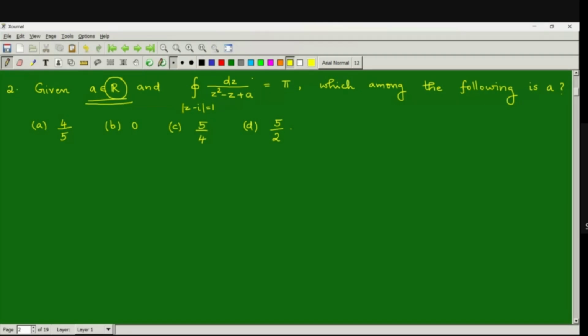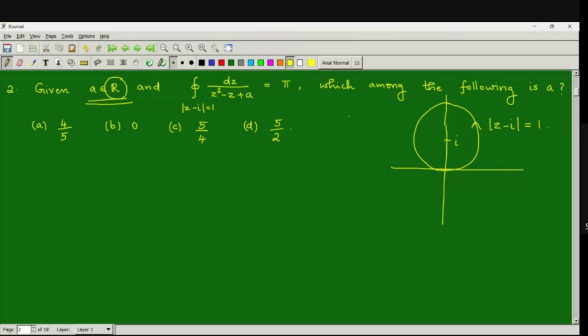Now what is given? The integral of a function on this circle is pi. What actually is that circle? A circle centered at i and radius 1. So this is the circle, mod z minus i equal to 1.